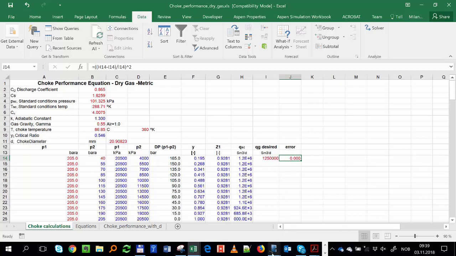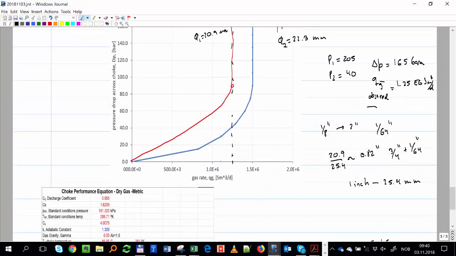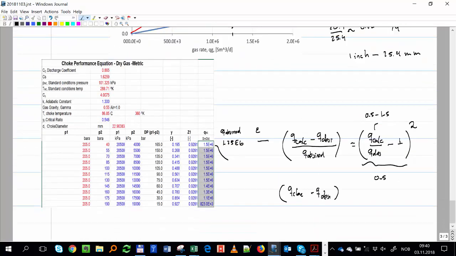And then I normalize. This trick of normalizing, I just do it because the solver works better with a smaller number. When I'm subtracting millions, I'm going to get huge numbers, 500,000, and solver sometimes doesn't like big numbers.